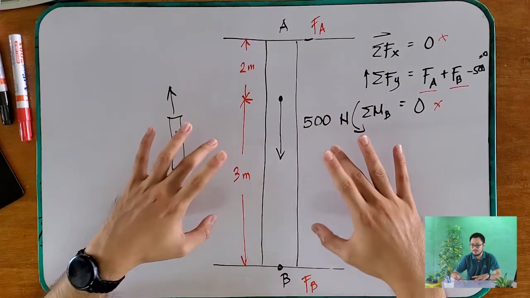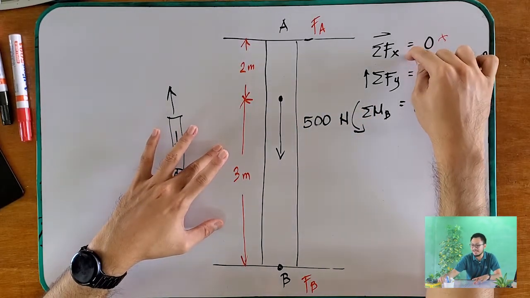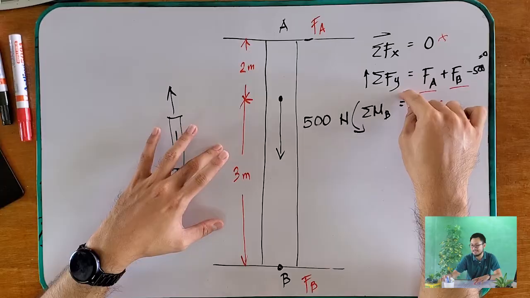Okay? So, therefore, statically indeterminate axially loaded members are those members that cannot be solved only by using the equilibrium equations that we have known already. You cannot solve this one by only having summation of forces along the x, summation of forces along the y, and summation of moments at point B. Okay?